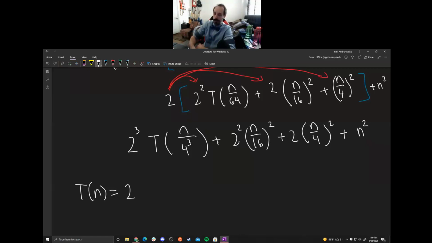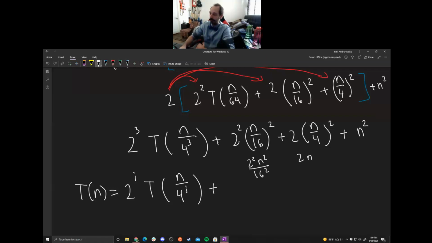So we see here that we're going to essentially have the following. T of n equals 2 to the power i, because we do i expansions, T of n over 4 to the power i, plus, well, we can rewrite this a bit. It'll be 2 squared n squared over 16 squared, plus 2 n over 4 squared plus 2 to the power 0 n squared over 4.